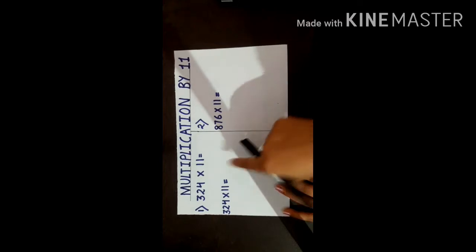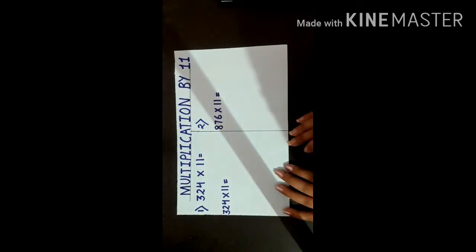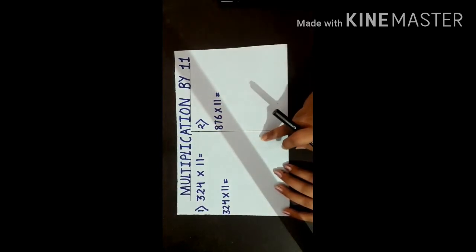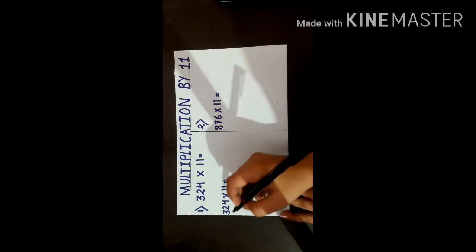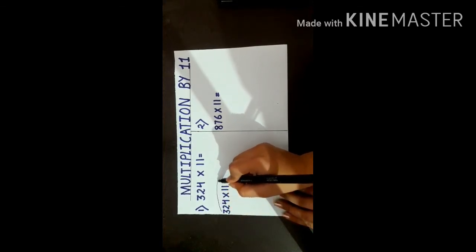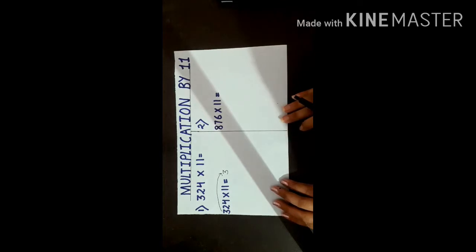First of all, we are taking multiplication by 11. I will do two sums for you to make you understand. Now let's start. For multiplication of 11, as I've told you earlier, first of all, you have to take the first digit at the first place. 3.